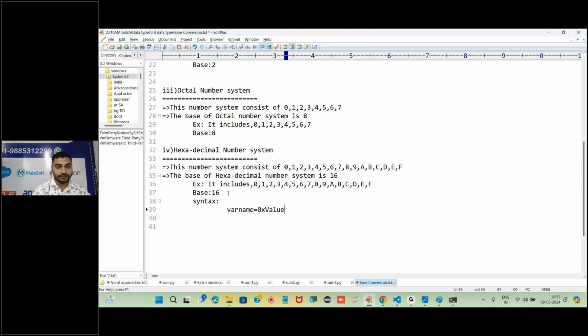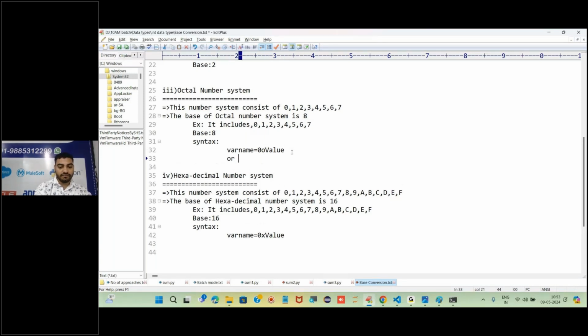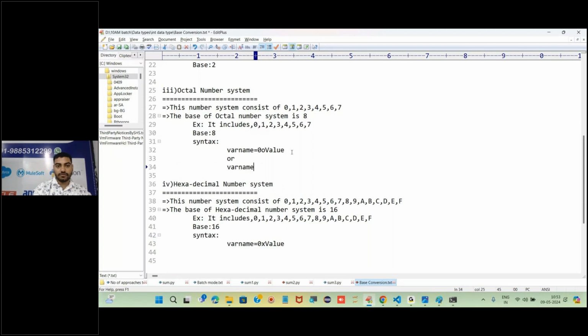For octal, I will write the same, copy it and paste it. Syntax is variable name is equal to 0o, or we can also write variable name is equal to 0 capital O, and then the value.